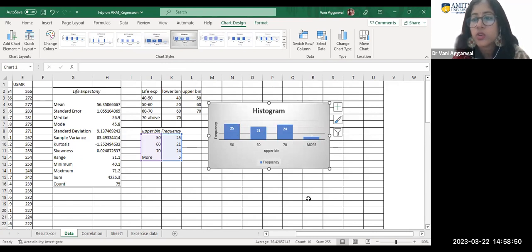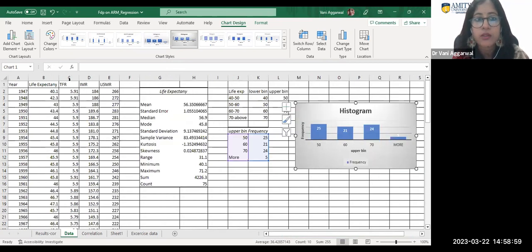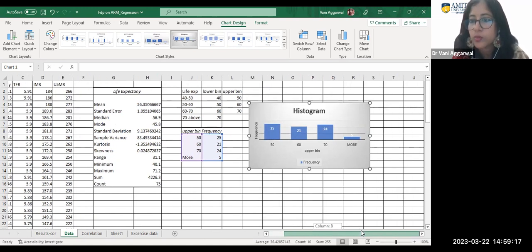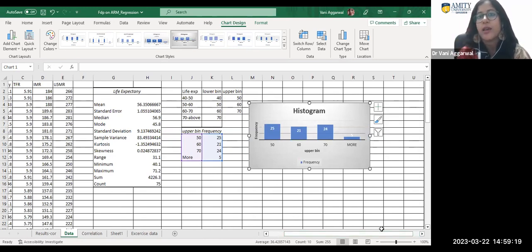Now it depends on what data set you have, right? You create upper bin. For example, for this IMR, I want to know the histogram. So what you will do, you create descriptive statistics or calculate minimum and maximum value and create intervals, lower bin, upper bin, then go to data analysis, histogram, and click on add input range, labels, and then chart output.